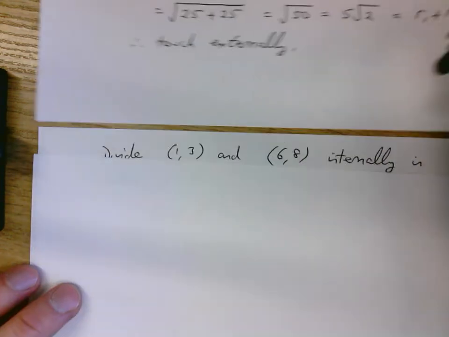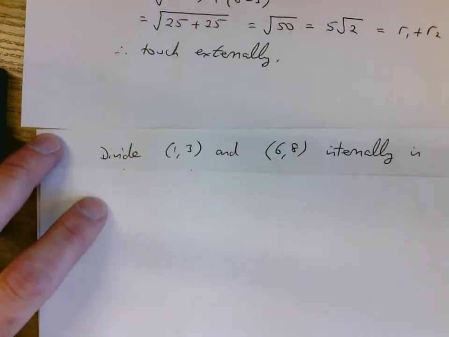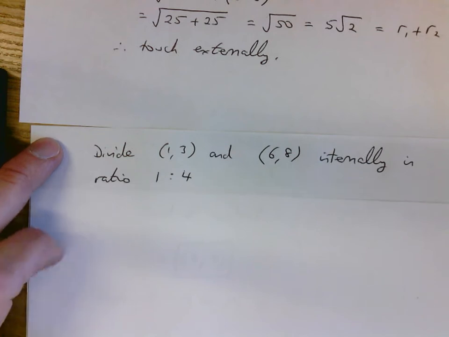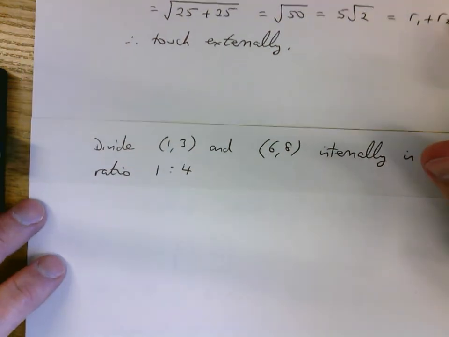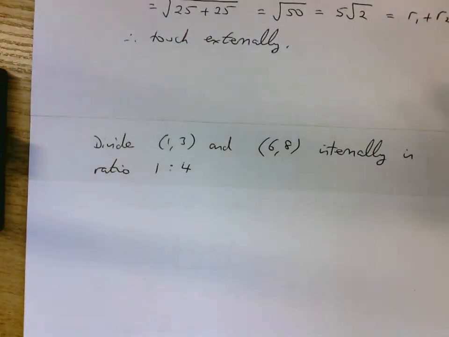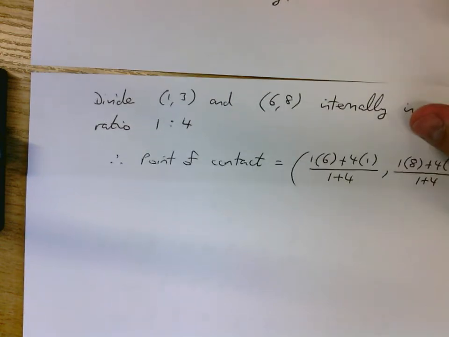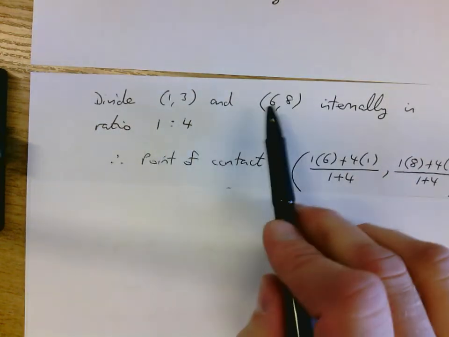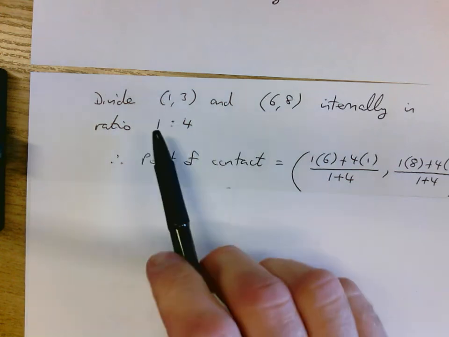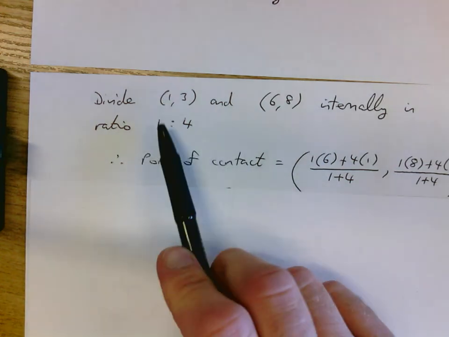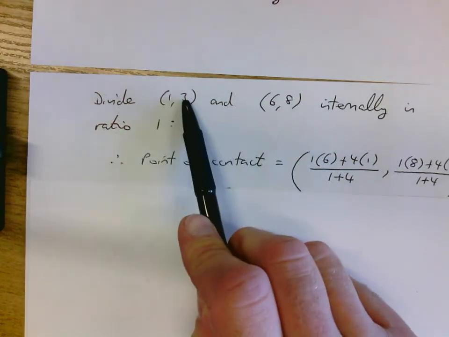We're going to divide those two centres, 1, 3 and 6, 8, internally in the ratio 1 is to 4. So you can use the formula from your tables book here, or you can do it the way I do it on the board by just kind of crossing over. You're saying 1 by the 6 and 4 by the 1 over 1 plus 4. And 1 by the 8 plus 4 by the 3 over 1 plus 4.